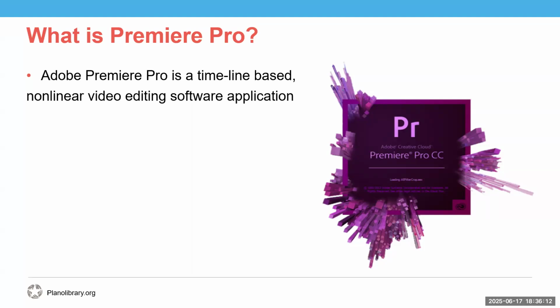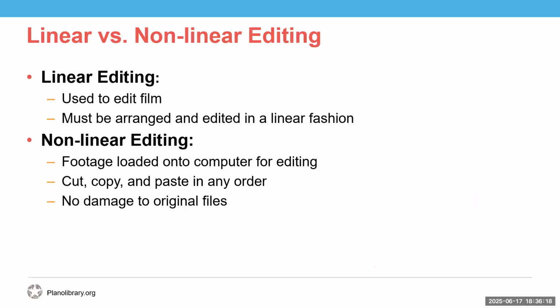In order to see what that is, we're going to talk a little bit about linear versus non-linear editing. Linear editing is the process of editing video or audio in a predetermined sequence from start to finish. You start editing at the beginning of a project and finish at the end, with everything staying in sequential order. This was the style of editing that was used with physical film, where reels were cut and glued together.